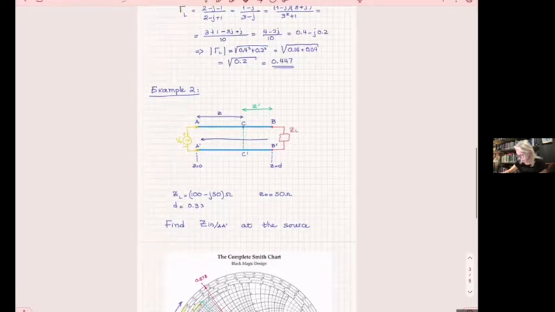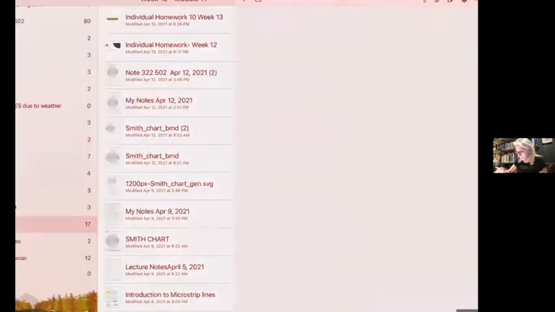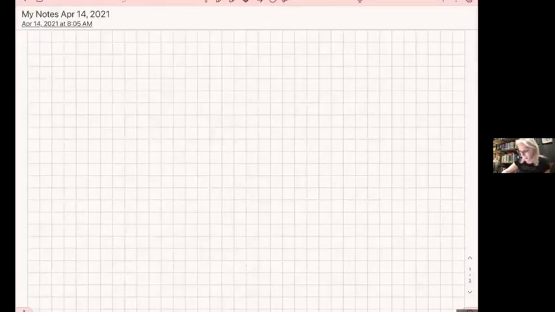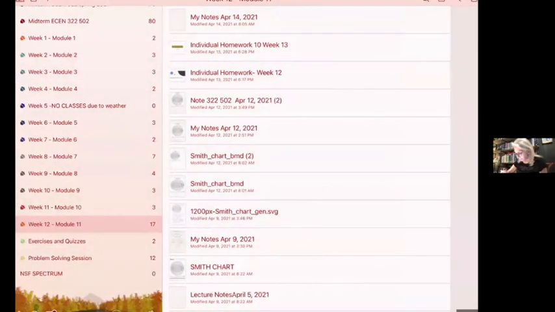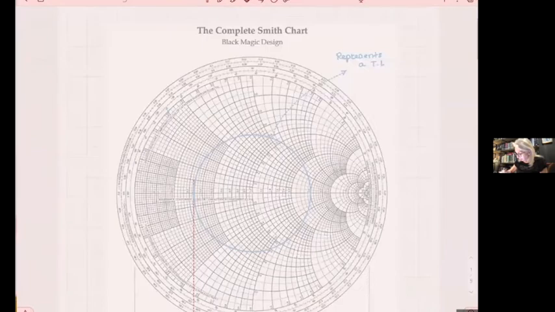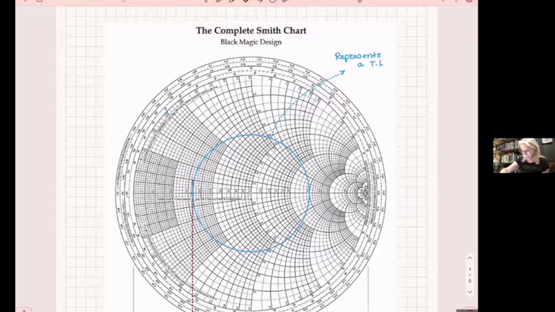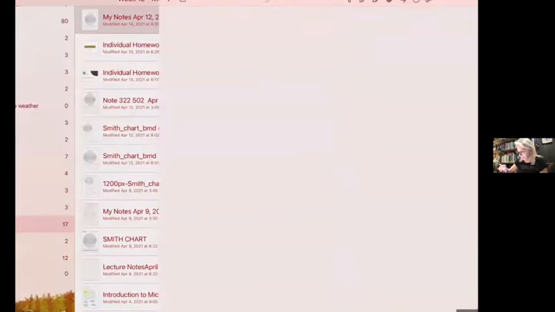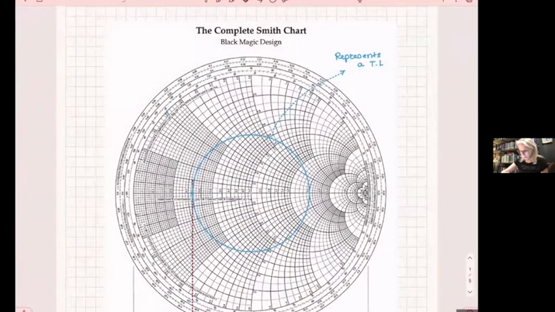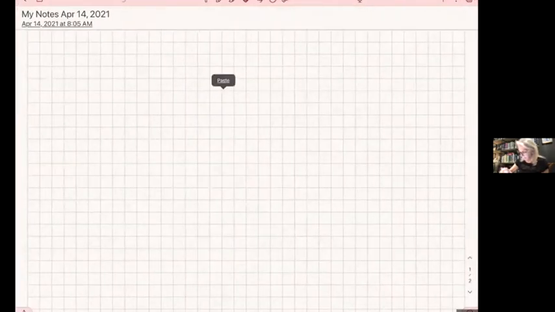So we are going to solve now another problem, and I'm going to start on a new page, just for today's lecture. And also what I was going to do is take this Smith chart, which I like, copy it, and then go to my notes, not these new notes, the new notes for today, and then paste it.